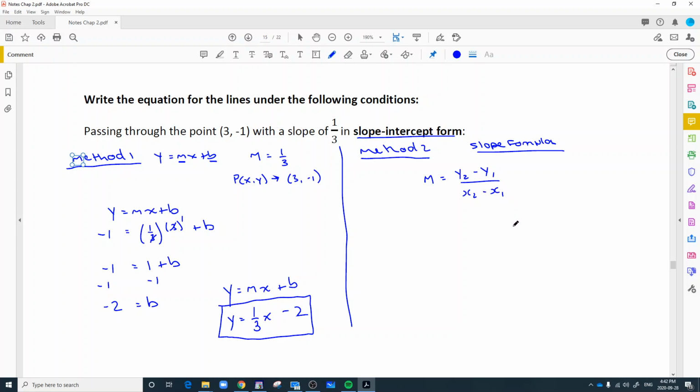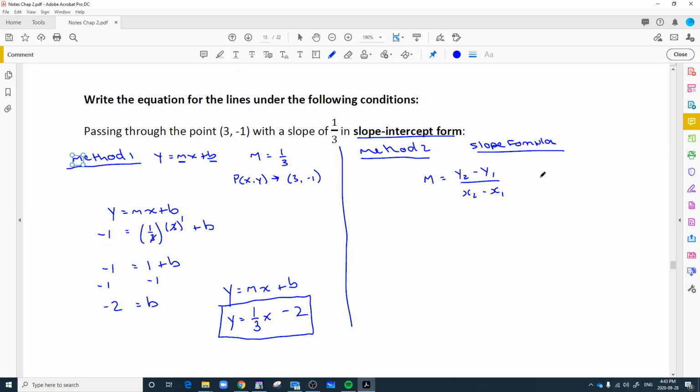Yes, it looks like more steps, but it's consistent. This is like the workhorse. This is the really slow, dependable method of always solving for an equation in standard form or slope-intercept form. Nothing flashy, always the same steps. The other one is flashy, right? Super quick and easy, but takes a little bit more work if you want to put it in a different form.